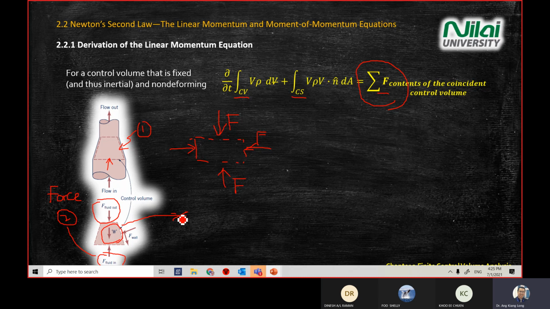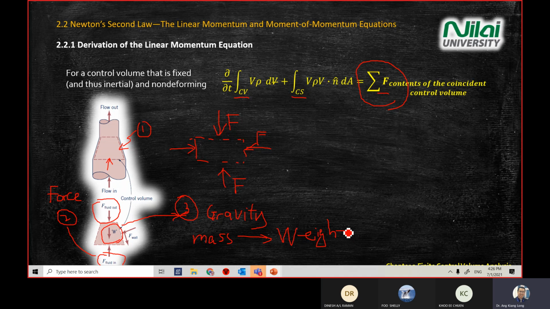We need to consider the third thing, because we live on Earth, we have something called gravity. Gravity is what converts your mass into something physical, which we call weight, W.